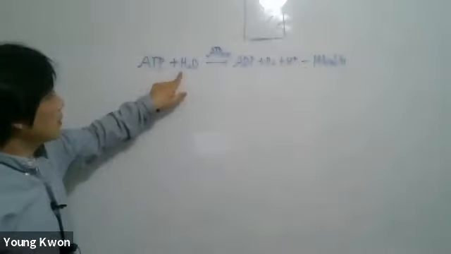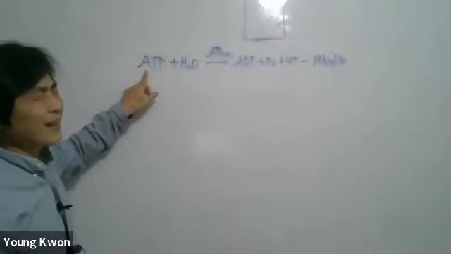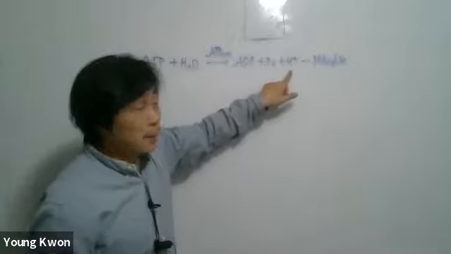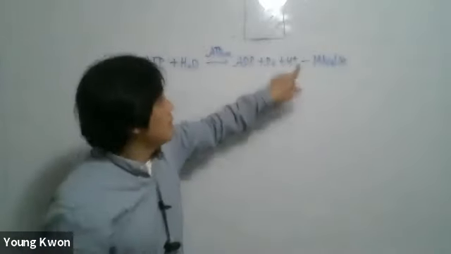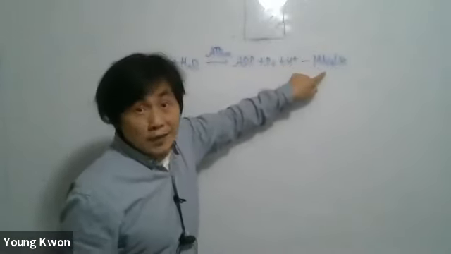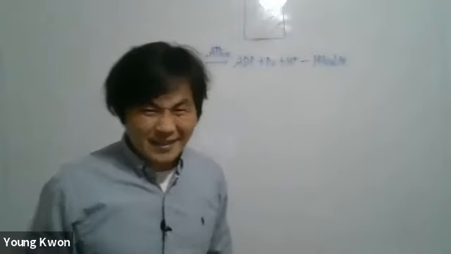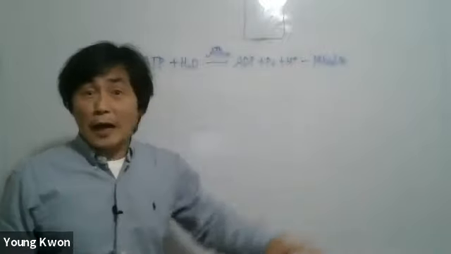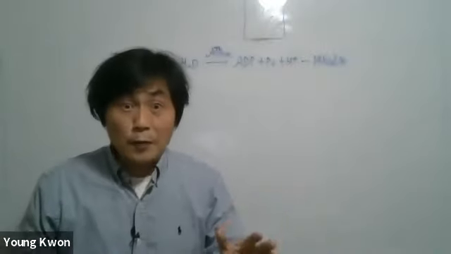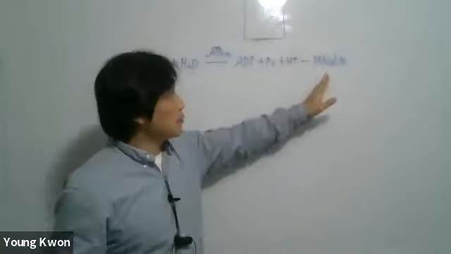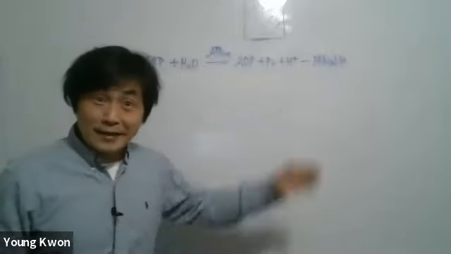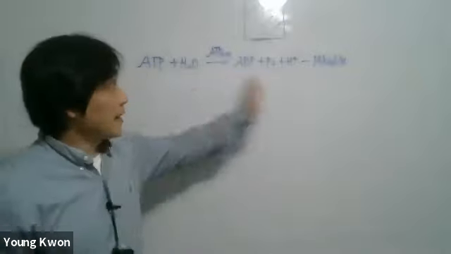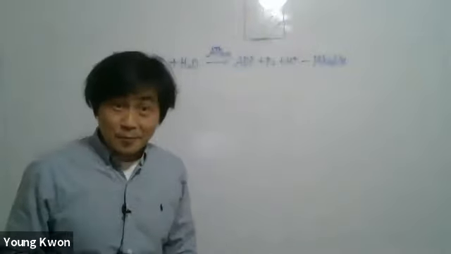So breaking down ATP using water into ADP, inorganic phosphate and a proton releases 14 kilocalories per mole. There is another terminology, exactly the Gibbs energy, delta, but do not worry about it. I want to simplify. I think it's simple enough.